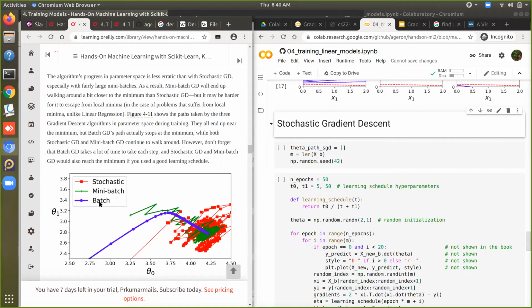With batch gradient descent, we take the entire data set, do the computation, and then iterate towards the minimum. That's why it is much smoother.